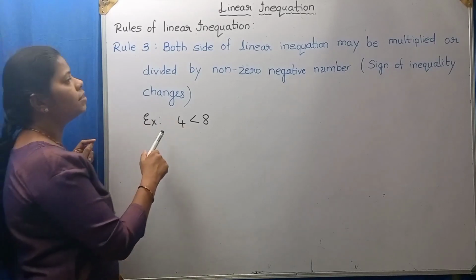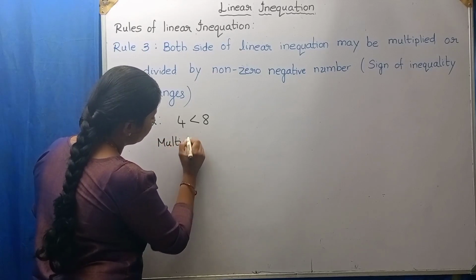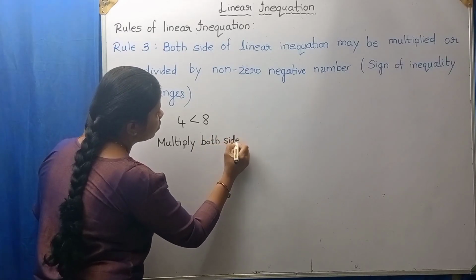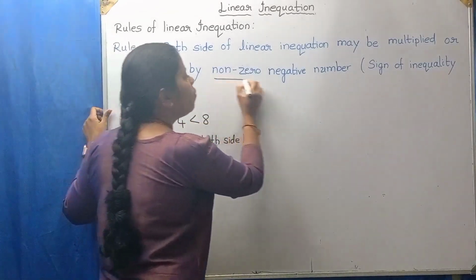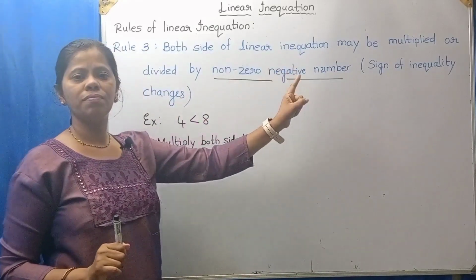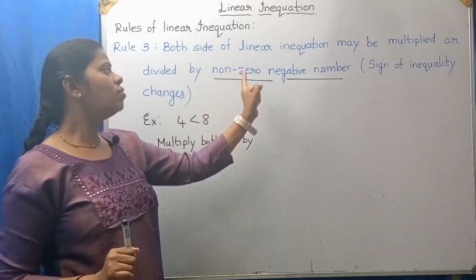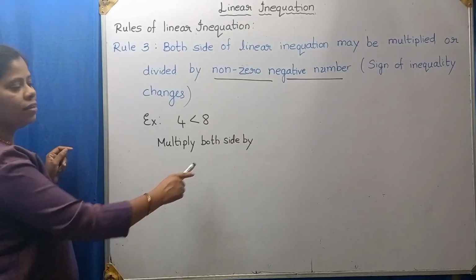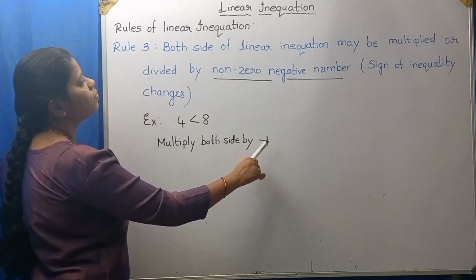Now, see here, if I multiply both sides by, see this one very carefully, a non-zero negative number. Non-zero negative number means what? We should not use the number 0, isn't it? Then non-zero negative number means -1, -2, -3 and so on. Here let me multiply it by -1.